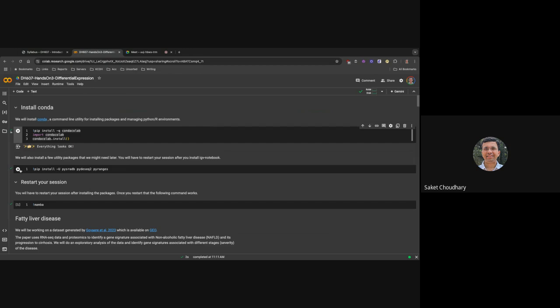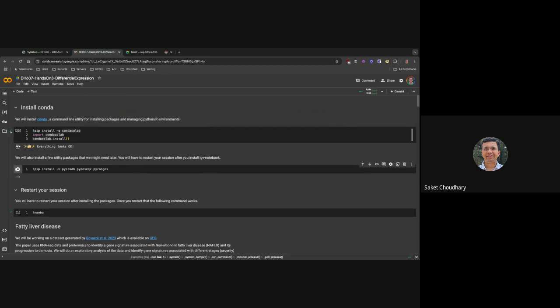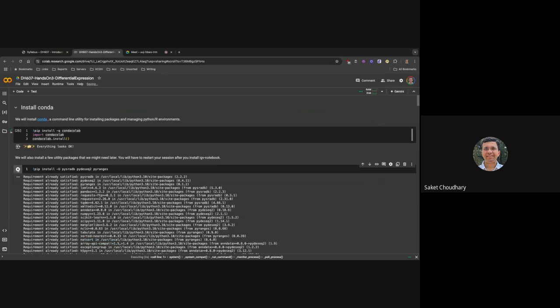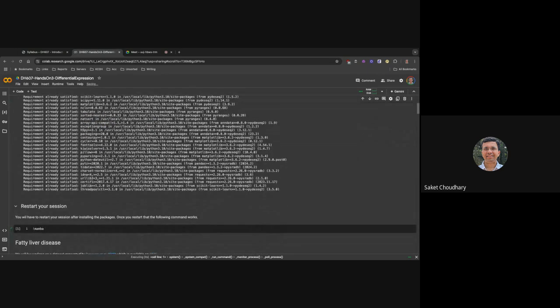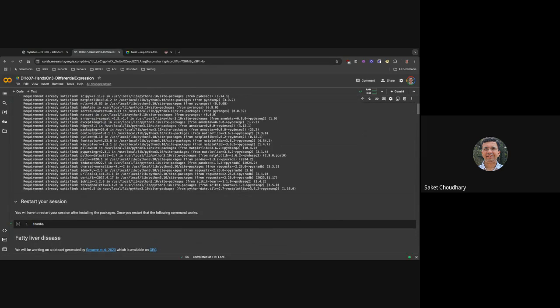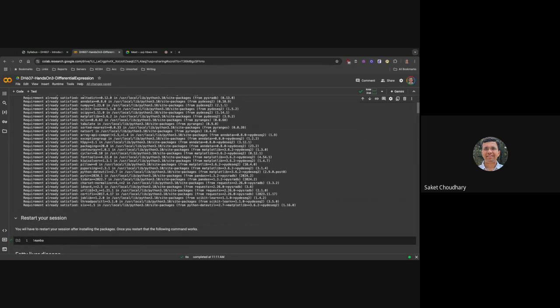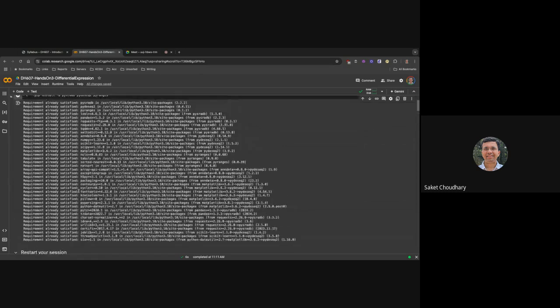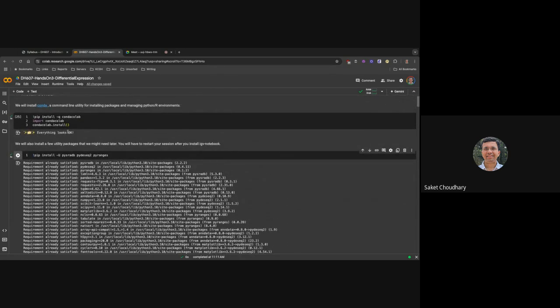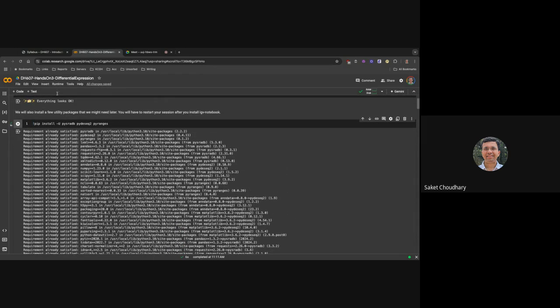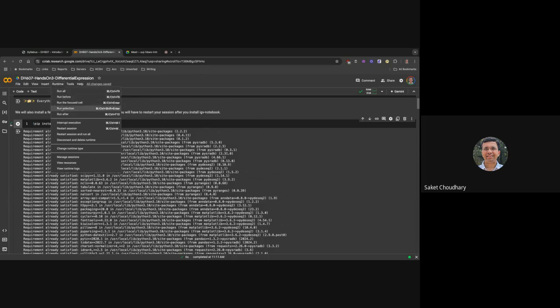Once you install Conda, we have a few other utilities to install. This includes PySRDB, PyDESeq2, and PyRanges. We'll install all of these. My session was already running, so this happened quickly for me, but in your case, this might take some time. Eventually, once you do this pip install, you'll have to restart your session.